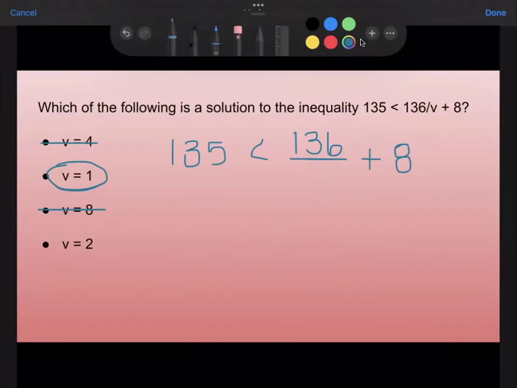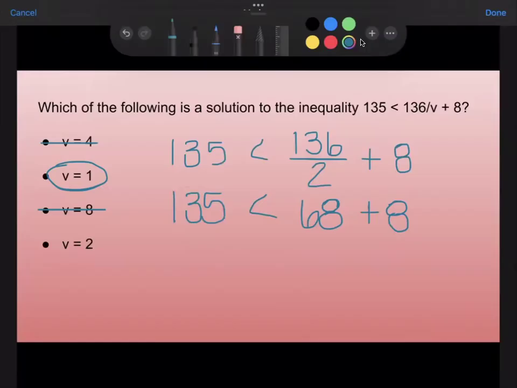Okay, I'm going to erase this, and this time I'm replacing V with 2. That means I need 136 divided by 2, which is 68. And then I'm going to bring down everything else: plus 8 over here, the less than symbol, and 135. Now I can add together 68 plus 8, or if you're good at adding and can tell that that's probably not greater than 135, that's fine.